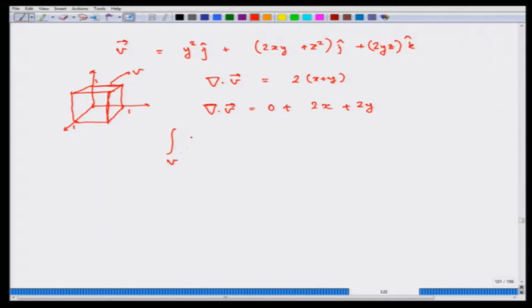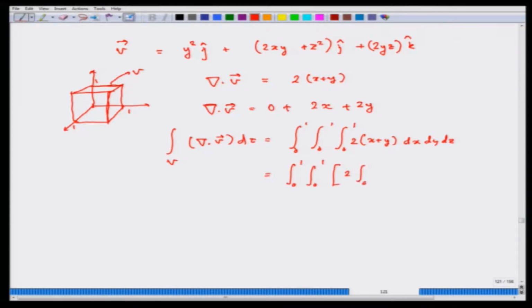If you take the volume integral, that is nothing but 0 to 1, 0 to 1, 0 to 1, 2x plus y dx dy dz. If you just compute it, first you compute 0 to 1, 0 to 1, 2 into x plus y dx.